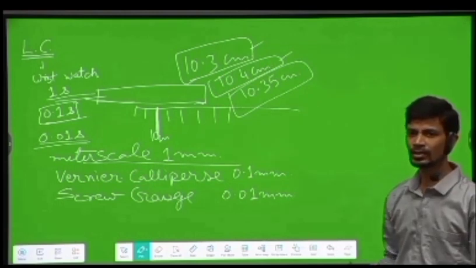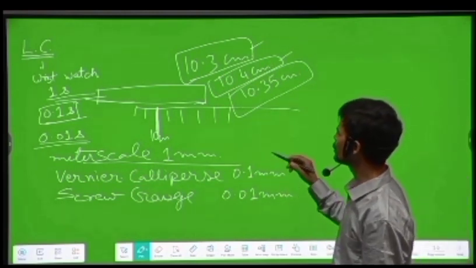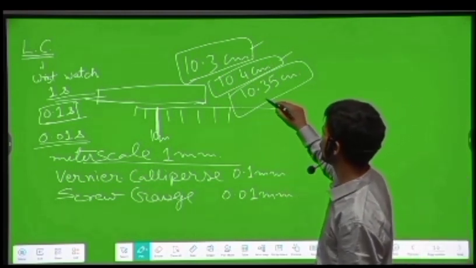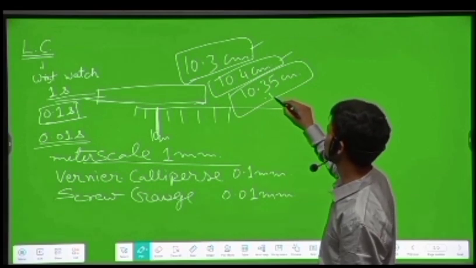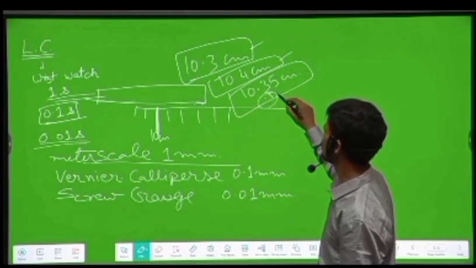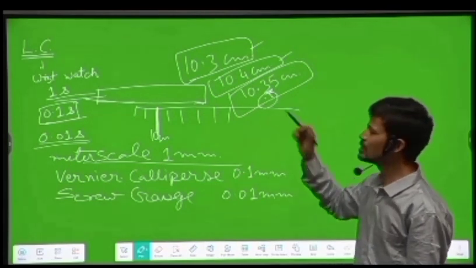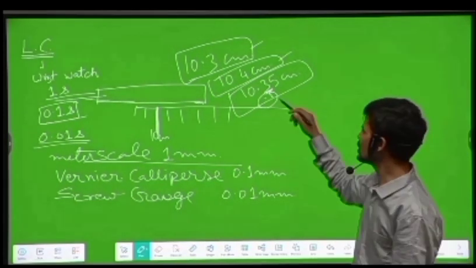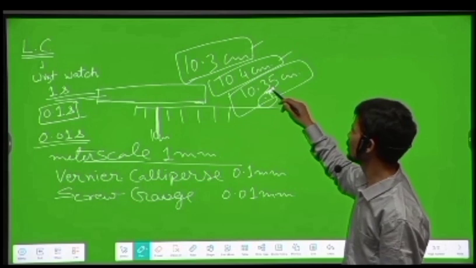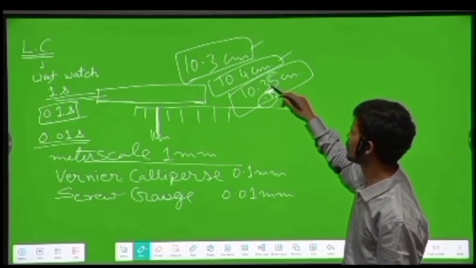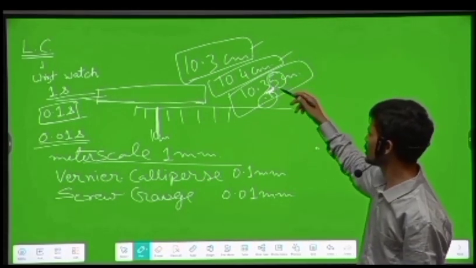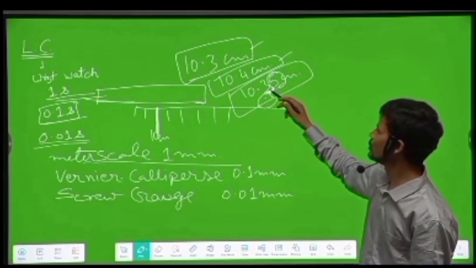Why is it so? Because the device which we have used has least count up to the first decimal place only. So uncertainty begins with this place. Even this place is uncertain. So if this is uncertain, first uncertainty starts from here, then this will be even more uncertain with respect to this.